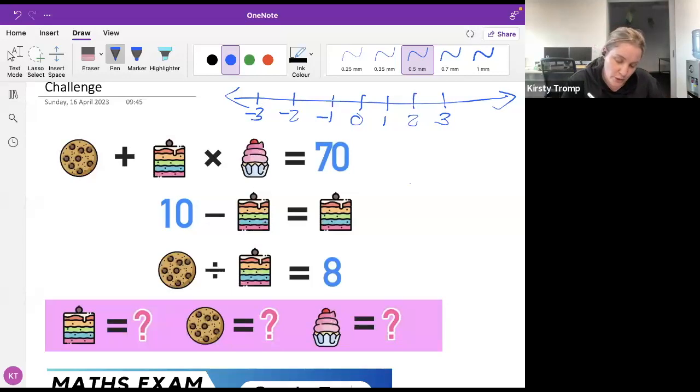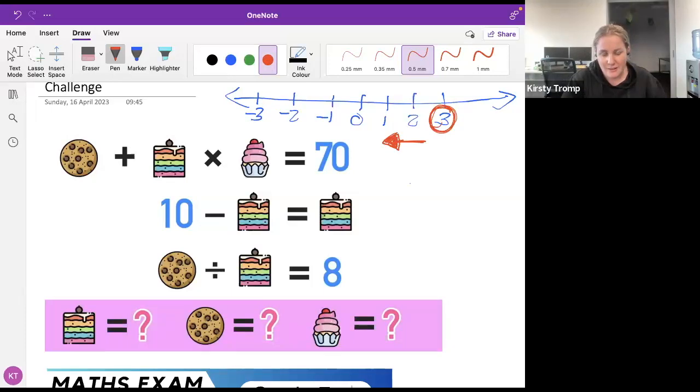Do you agree that I was at 3? Yes, ma'am. Now, if I'm moving left, do you agree I'm moving that way? Yes, ma'am. So if I'm moving that way, how many spaces to the left did they tell me to go?